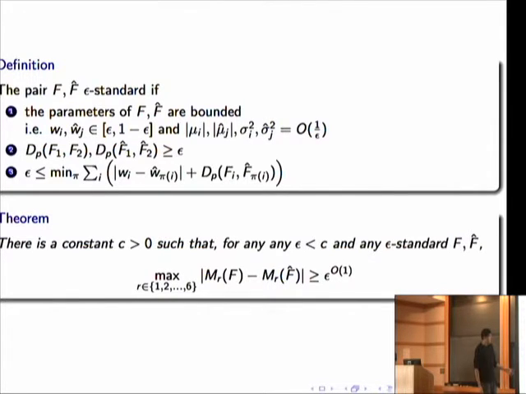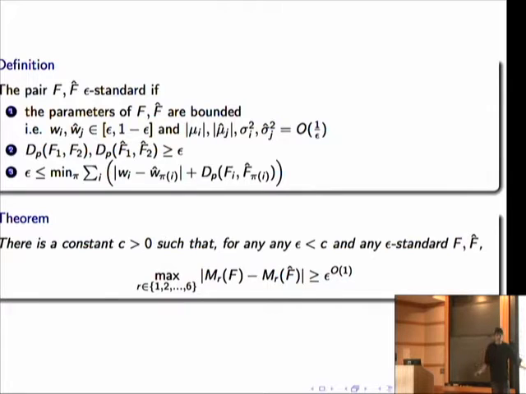OK, so actually what I want to focus on right now is just, in order for this theorem even to be plausibly true, the first thing that we have to establish is, what if f and f hat were different? We didn't know anything about a lower bound on the difference in their parameters. What if they were just different mixtures of 2 Gaussians? At the very least, we would have to show that if there were different mixtures of 2 Gaussians, one of their first 6 moments was different.